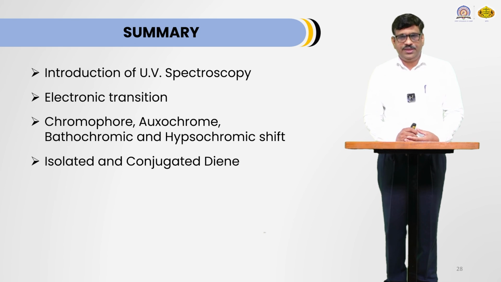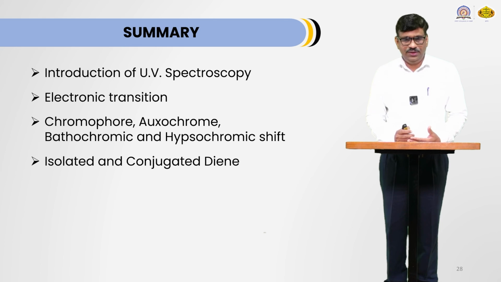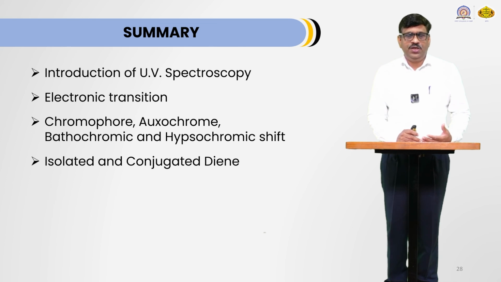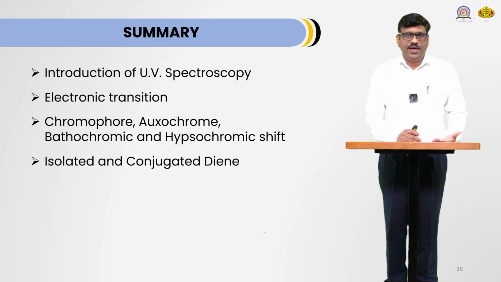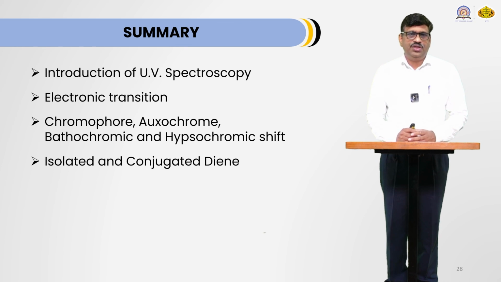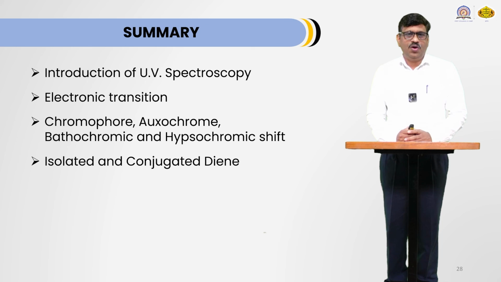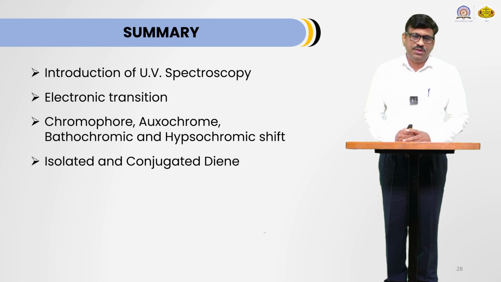We have seen electronic transition. Four types of transitions are there. Transition of the electron from bonding and non-bonding molecular orbital to higher energy antibonding molecular orbital is taking place. Then we have seen different terms that are used in spectroscopy: chromophore, oxychrome, bathochromic shift, hypsochromic shift. Chromophore means the functional group or the part of the molecule which is responsible for imparting color to the molecule.